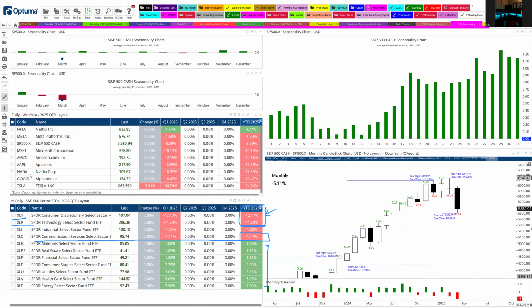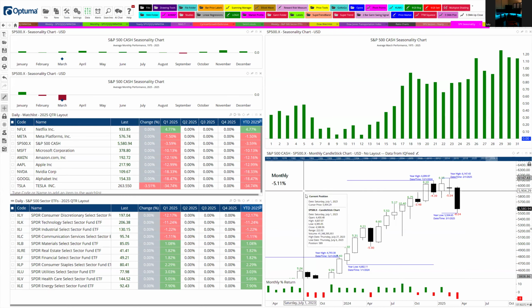To me, it looks like Q1 was nothing but a cool-off for semis and tech stocks, which had a huge run last year, especially Meta and all the others, except for Microsoft.